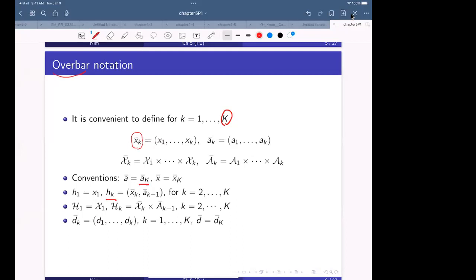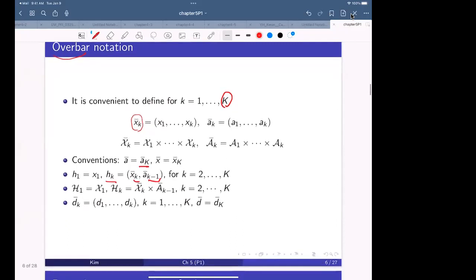That's why we have a k here, but a k minus 1 at A. And finally, d-bar k means the decision rule up to k.